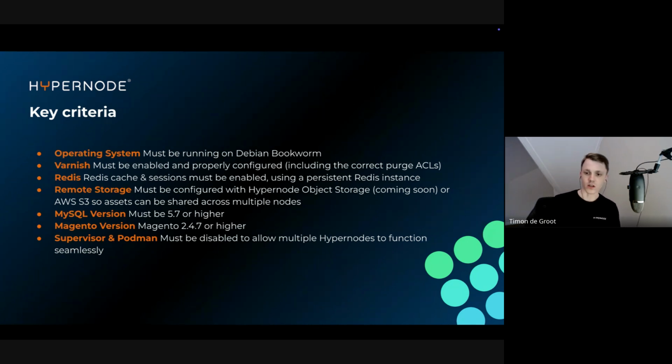This must be configured with Hypernode Object Storage, which is a product we are hopefully announcing soon as well. Until then, we advise to go for something like AWS S3 or a different S3 compatible remote storage backend for Magento 2.